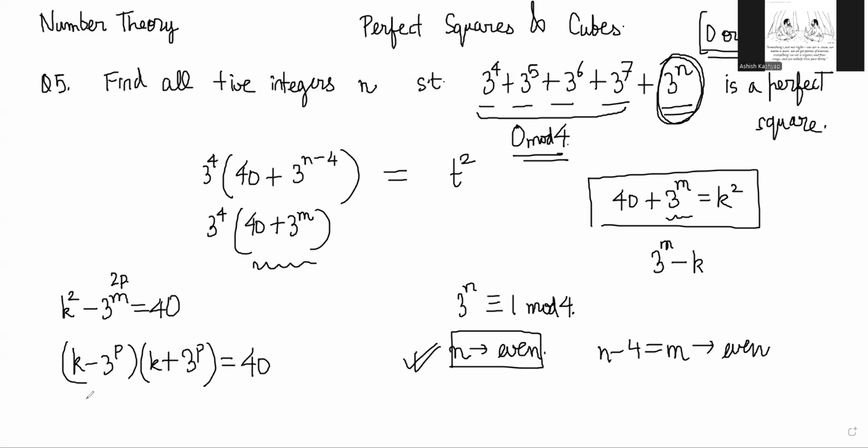Okay, so 2 into 20 or 4 into 10, or is there any other option? 8 into 5 or 5 into 8. But we know that k, do we know anything about k? Do we know the parity of k or something?